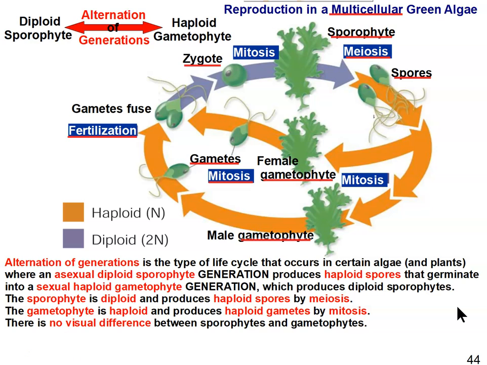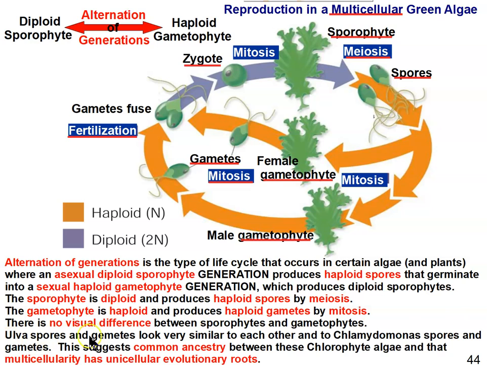And then just an interesting side note here that suggests something about evolution. Notice that all the spores and gametes look very similar to each other and to Chlamydomonas on the previous slide. They look like flagellated little unicellular organisms, but they're not.